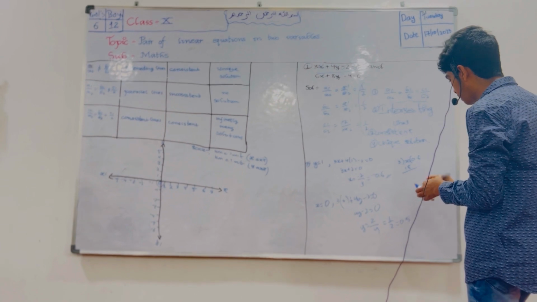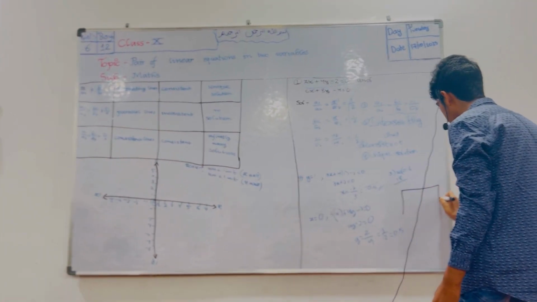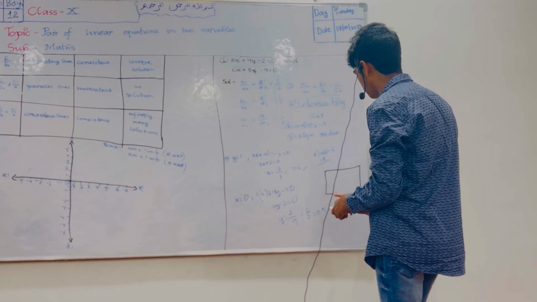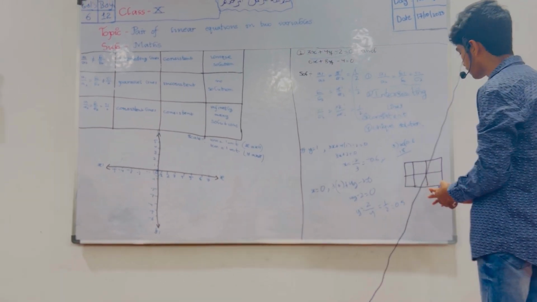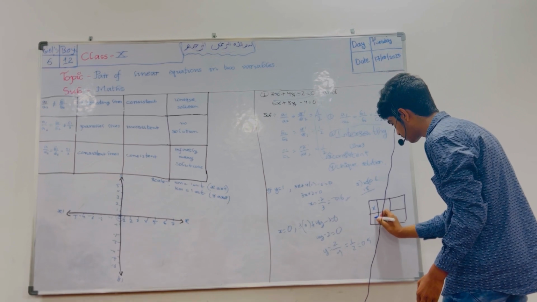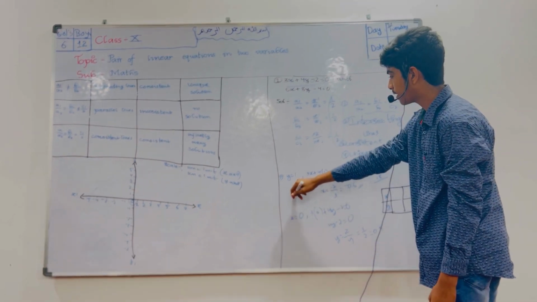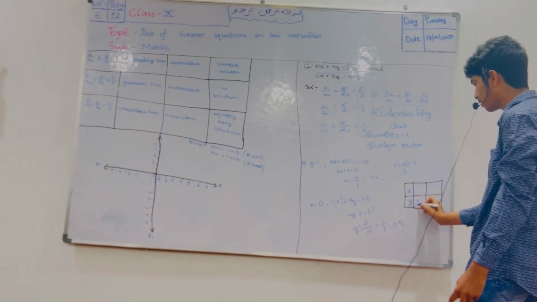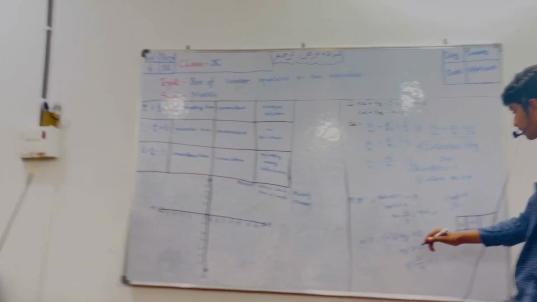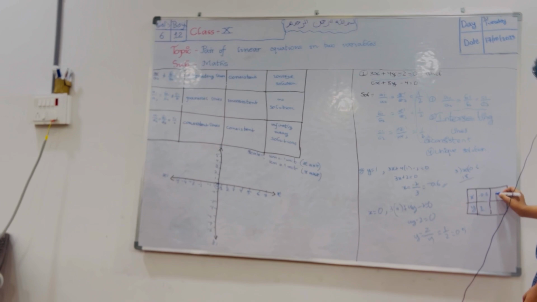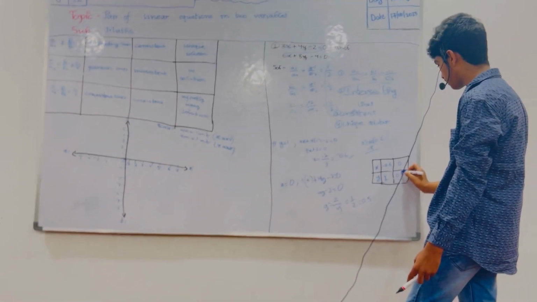Now we have to take a table. X-axis and y-axis. First we have taken y as 1, so write 1, and the value we get is minus 0.6. The second is x equals 0, y we get 0.5.